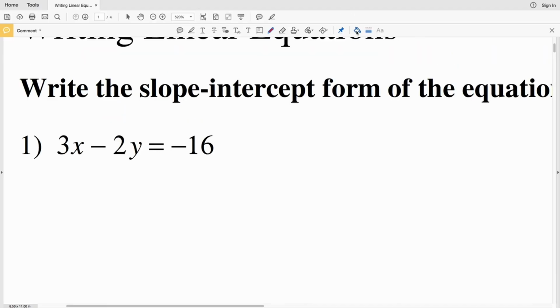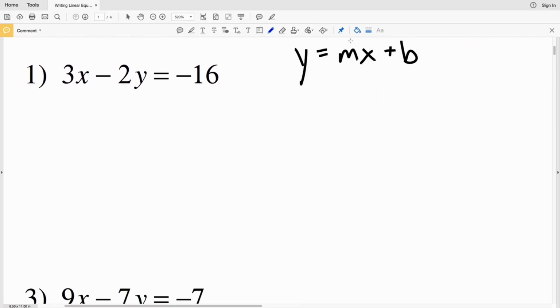And as a quick reminder, slope-intercept form is y equals mx plus b, where m is the slope and b is the y-intercept. So in number 1, we have 3x minus 2y equals negative 16.